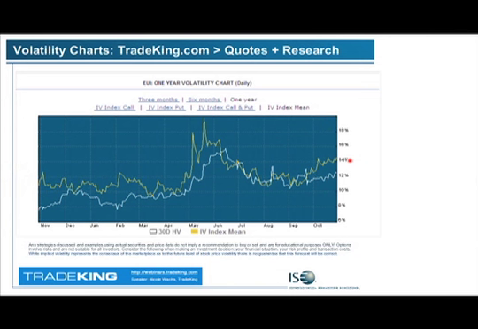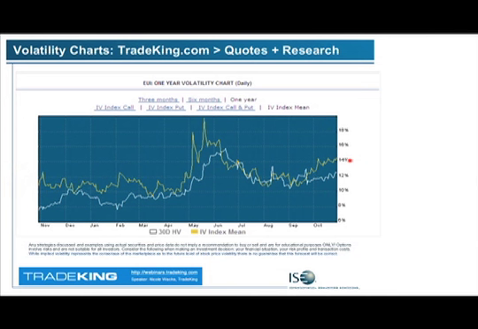Because if you're trading something that's got 60 implied volatility at the money, that's a high number on its own, but I still want to know how it compares to where it's been trading, so you need to be aware of both things together. And then the third item is the difference between historical and implied, which I don't put a lot of weight on personally.